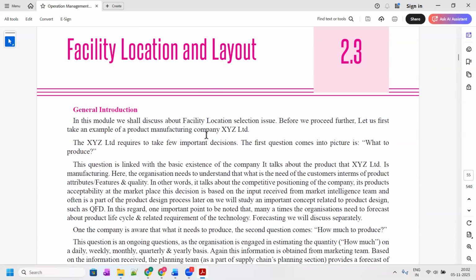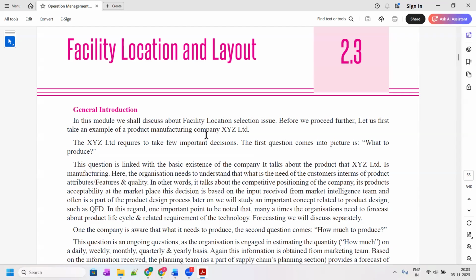First, we understood what is a facility. It is nothing but a manufacturing unit or a factory where we convert raw materials into finished goods. Then we saw what is facility location. It is a place or setup where we establish the organization or the factory to run its operations to produce the required products or services for customers.